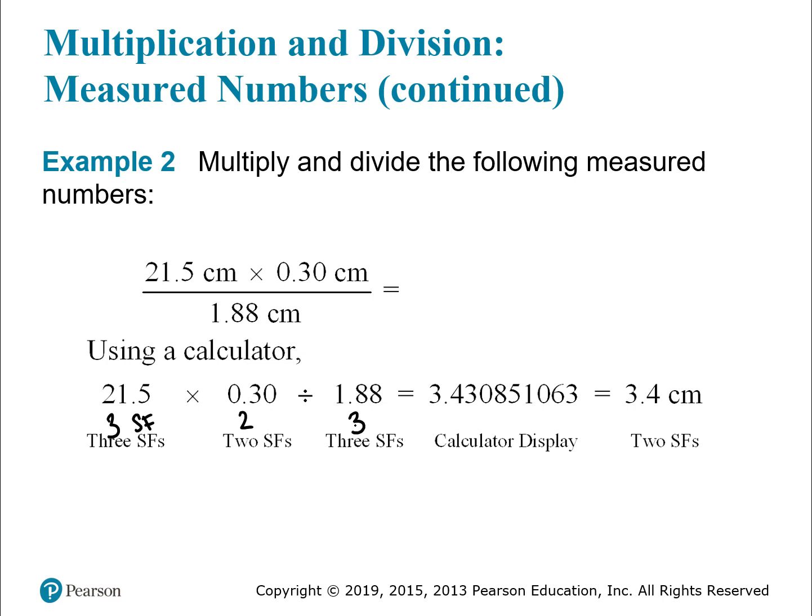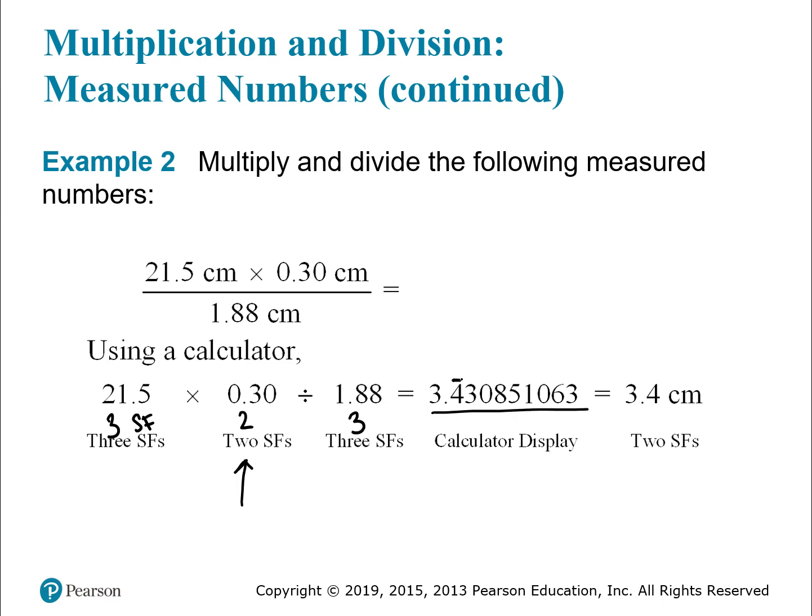When you put that in your calculator, you're going to get a really long answer. But we can't write all of that because all of those numbers are not significant. Your calculator will tell you exactly what you want to hear. We have to take that answer and round it to the correct number of significant figures. With multiplying and dividing, we need to report the fewest number of sig figs. That's going to be 2.